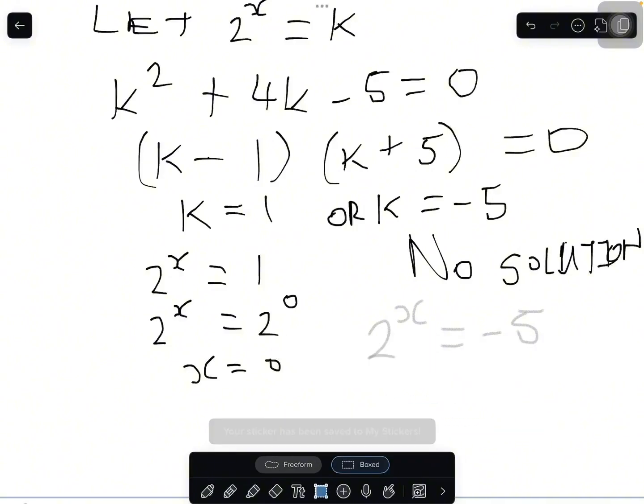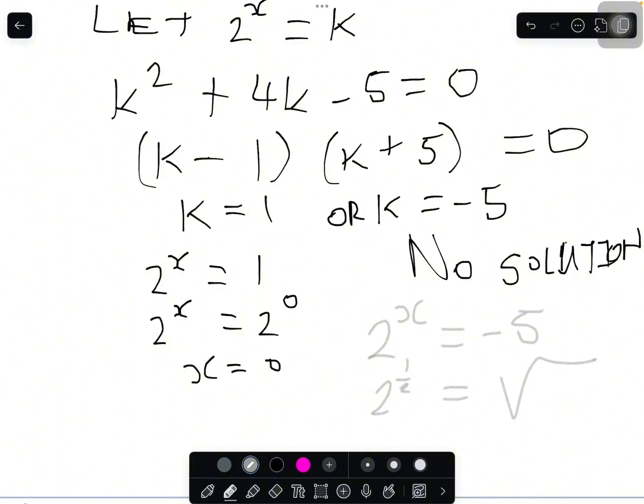If I put 2 to a positive number, I'm just going to get a bigger positive number, so it doesn't work. If I were to put a fraction, so let's say I put 2 to the half, I am just going to get the square root of 2, which isn't going to give me a negative number.